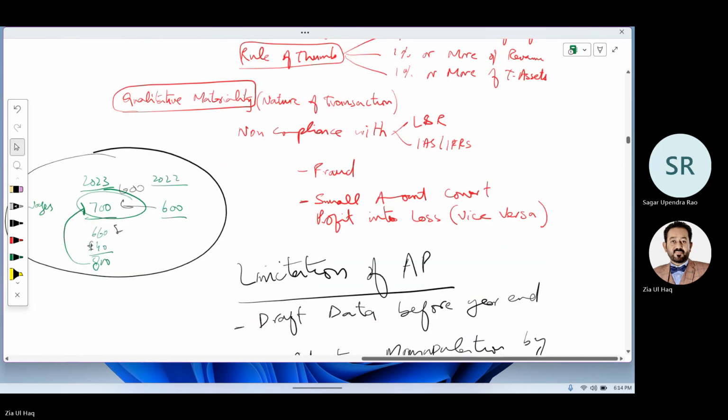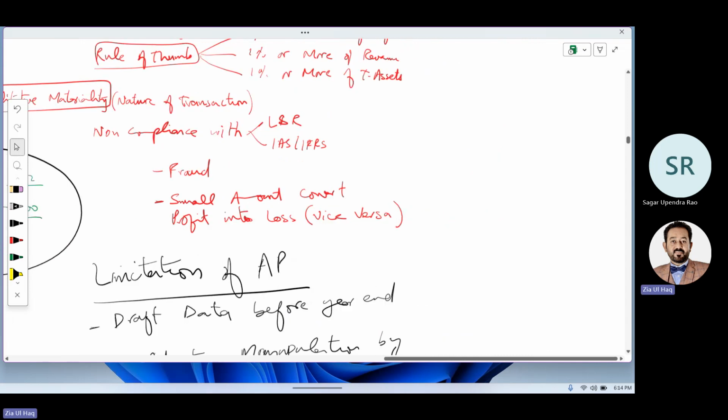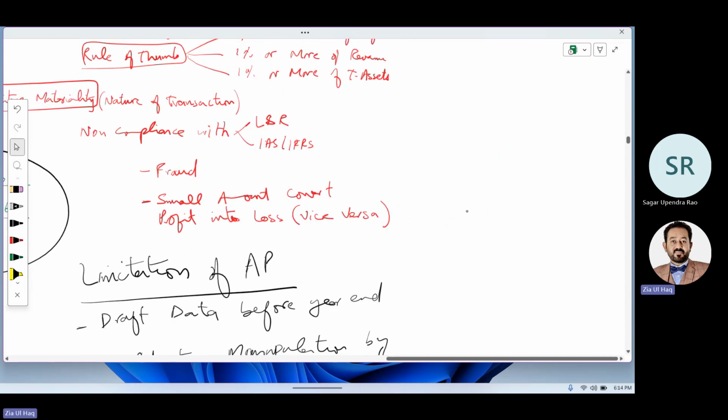Suppose the current year company financial statements show 10,000 profit. And during audit, we discovered the company didn't record 15,000 of expenses in the financial statements. How much is the expense? 15,000 they didn't record.